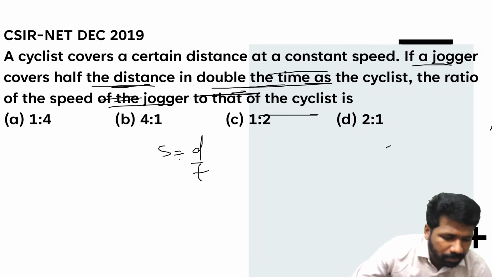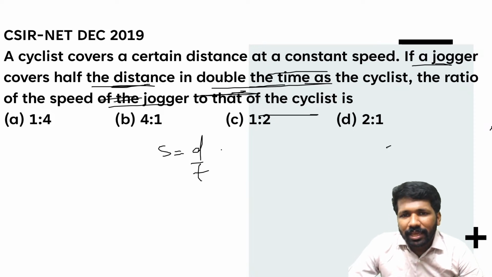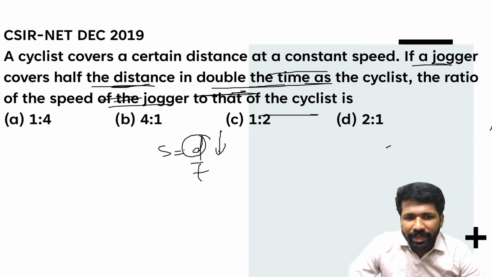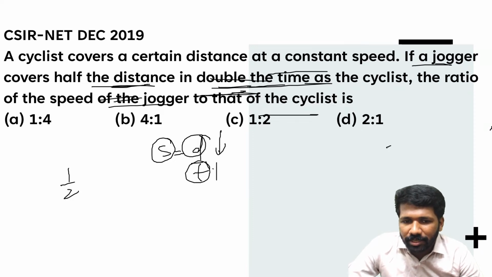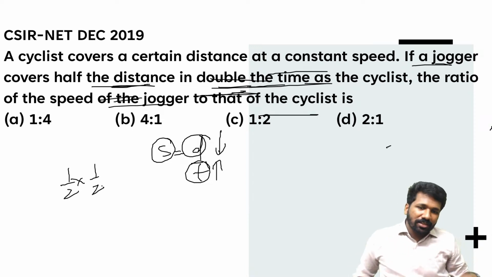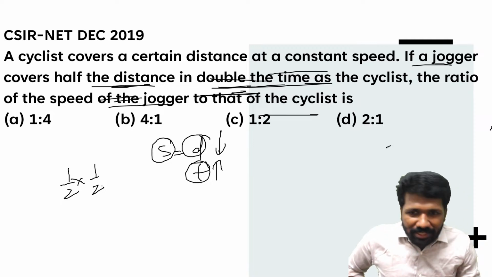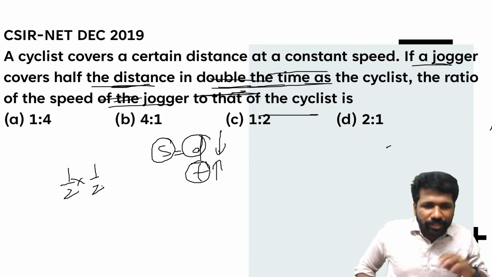We need to compare speed now. In the case of jogger, the distance is halved. That means halving the distance itself will halve the speed. And time is doubled. Denominator is doubled means that is again halving the speed. Because if time is increased, the speed is reduced.